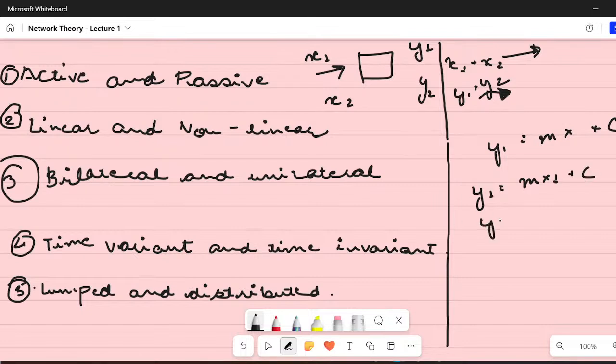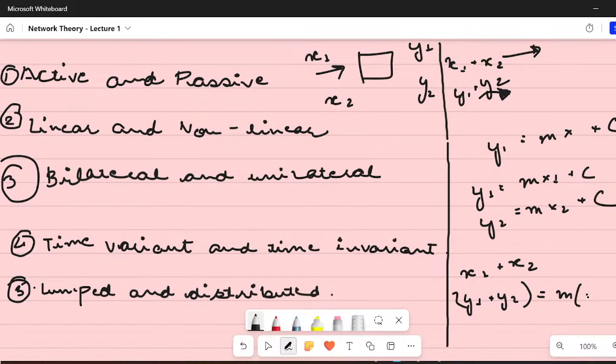Similarly, if the input is x2, the output would be mx2 plus c. In both these cases, when the input is x1 plus x2, the output should be y1 plus y2. Can we justify this?